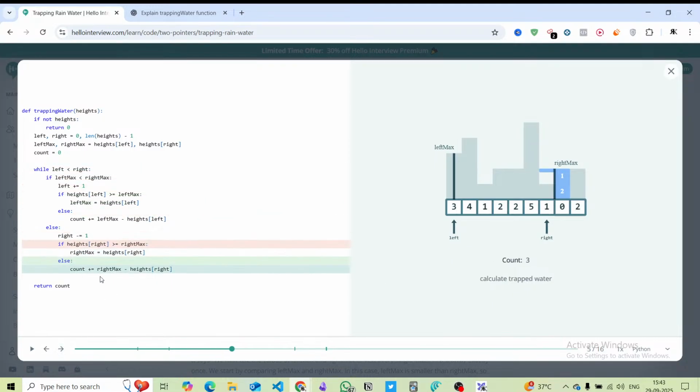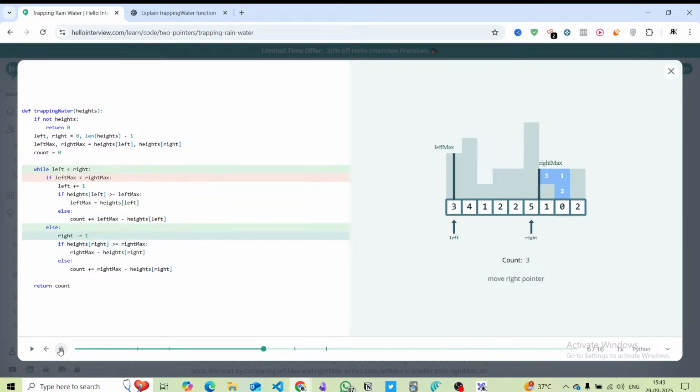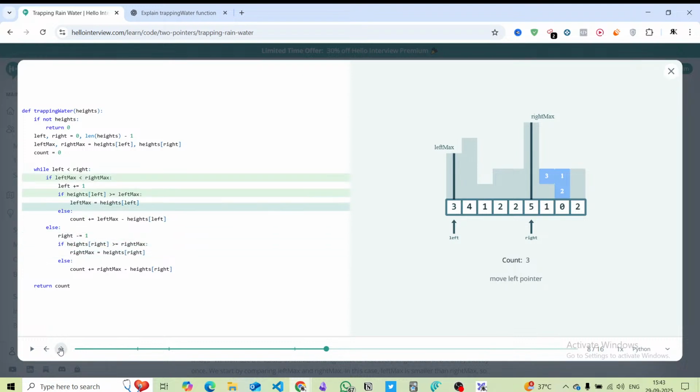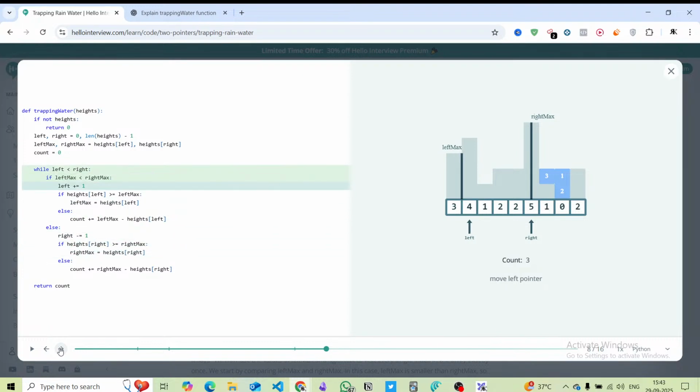Again we just count it here. This will be 3. Okay. And then move right max. Now we just move the left index and then check the left and left max. So this will be the greater.